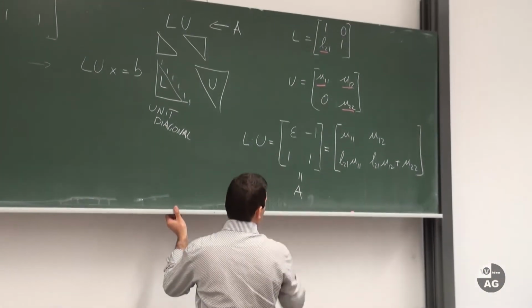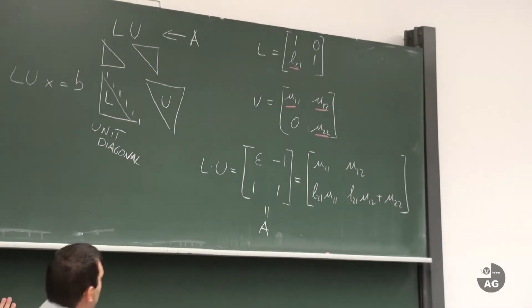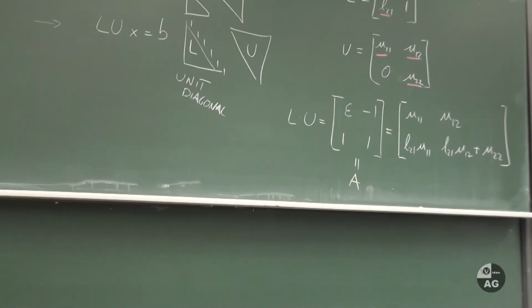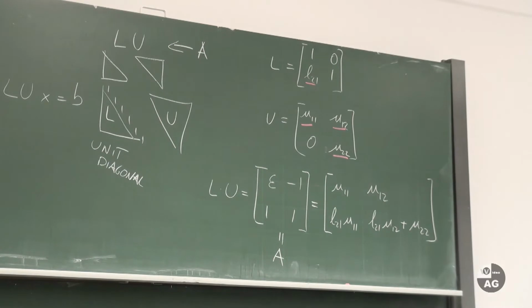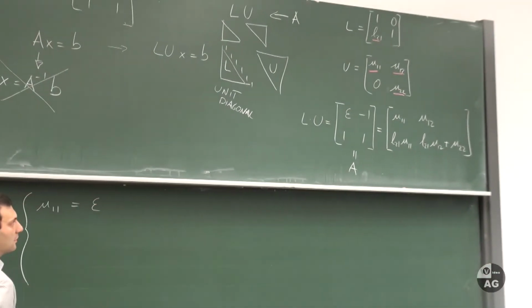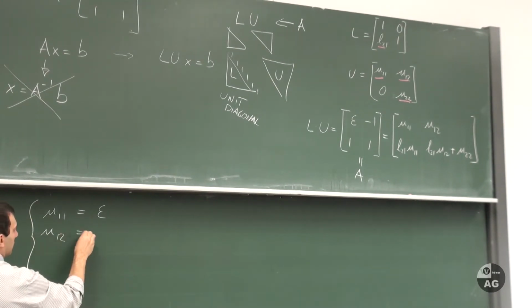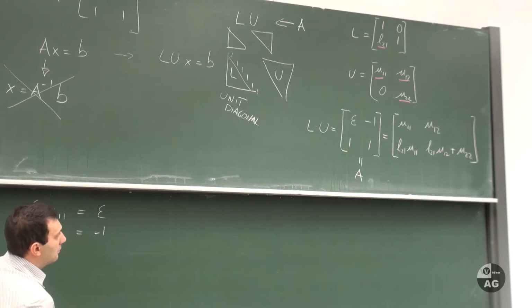And now from this I have a number of equations. So I have 4 equalities. The first one tells me U11 equals epsilon. That was easy. Then the second one, U12, tells me that is minus 1.